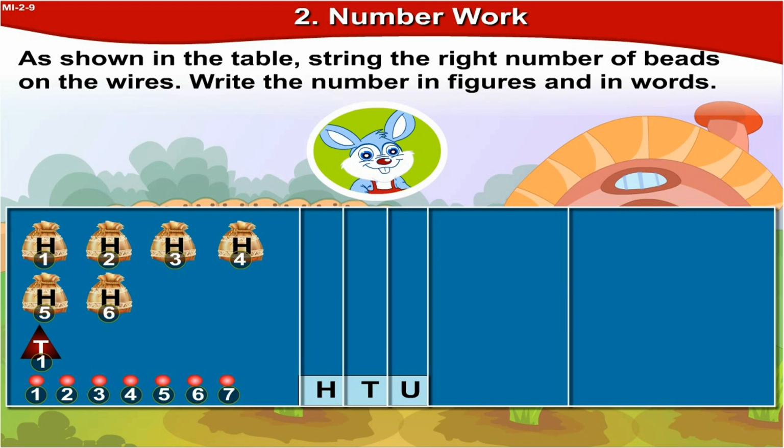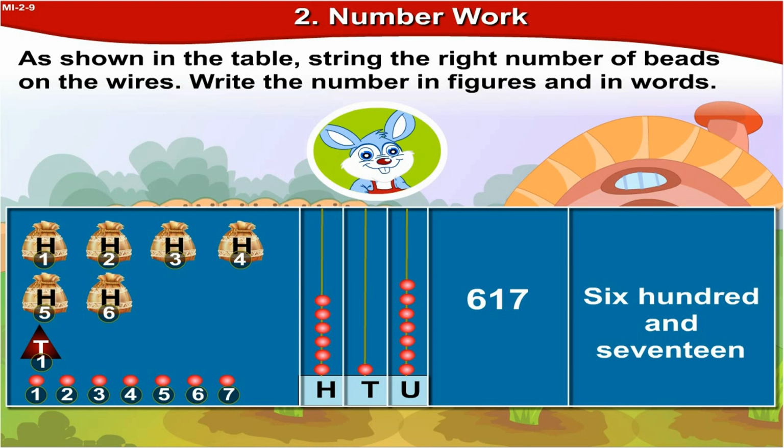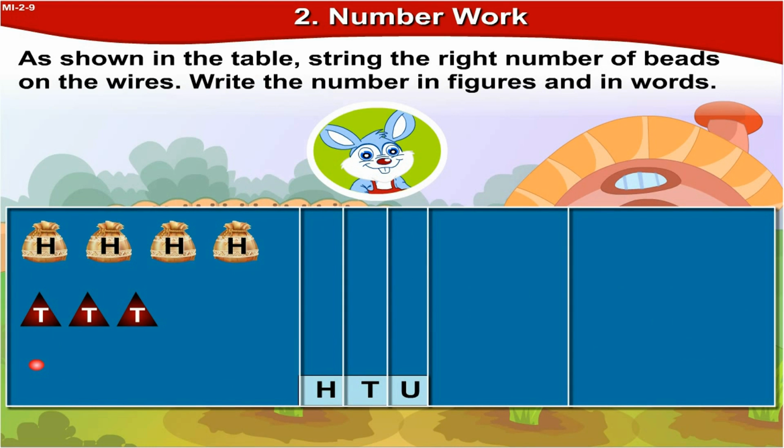So that is why at the wire of 100 we have 6 beads, at tens wire 1 bead, at units wire 7 beads, which means it is 600, 1 ten and 7 units. So in figures it is 617, while in words it is six hundred seventeen. Let us see the next picture.